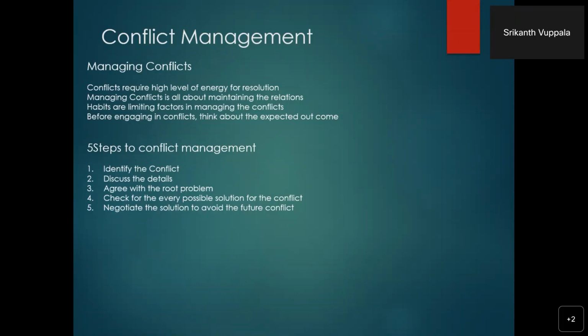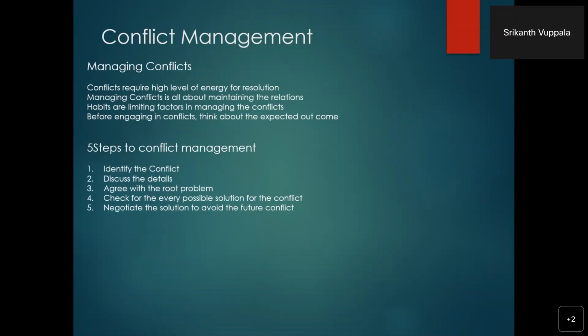You have to do some homework on yourself and think about the outcome. The 5 steps of conflict management are: identify the conflict, discuss the detail, agree on the root problem, check for every possibility of solution for the conflict, and negotiate the solution to avoid future conflict.